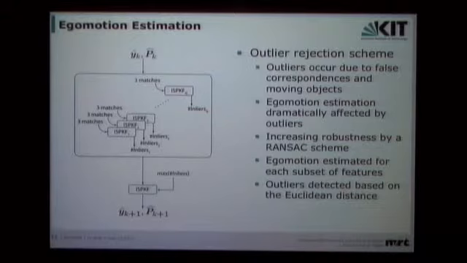We repeat this several times, taking 3 new matches each time. At the end, we choose the maximum number of inliers and run the entire estimation process again. This is the end of the iteration, and this is then the current estimate of the ego vehicle's motion.